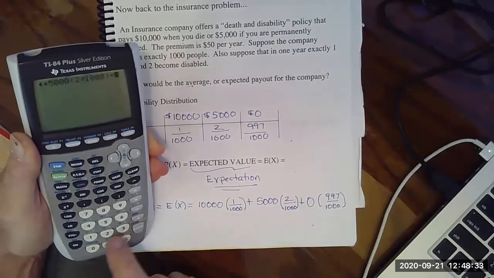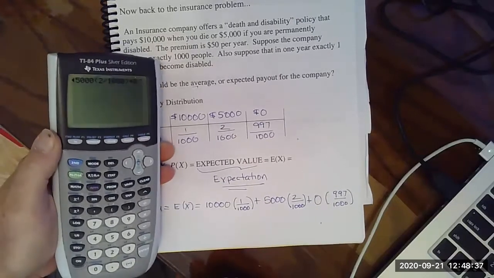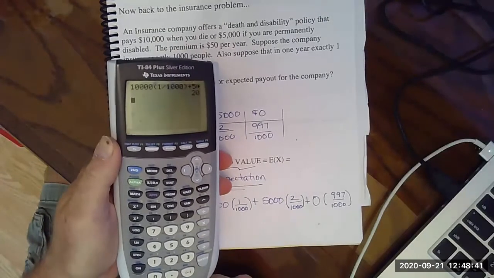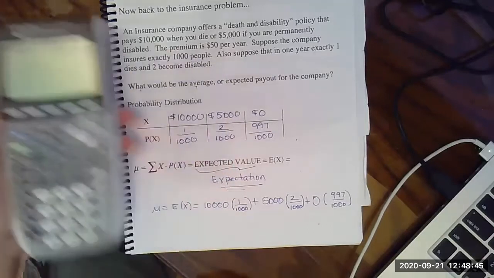All right, plus zero. That's just zero. This is money, by the way. 20 bucks.